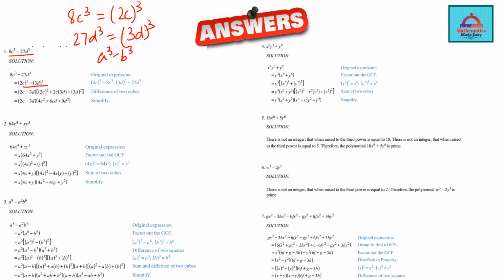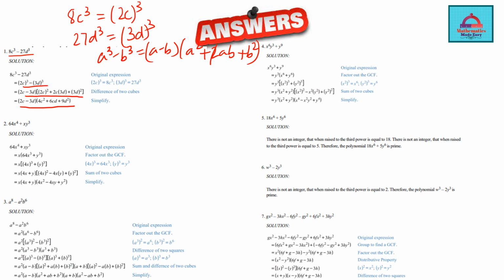A cube minus b cube is a minus b, a square plus ab plus b square. So you use this identity for doing the factorization, and on simplification, the answer is 2c minus 3d multiplied with 4c square plus 6cd plus 9d square.